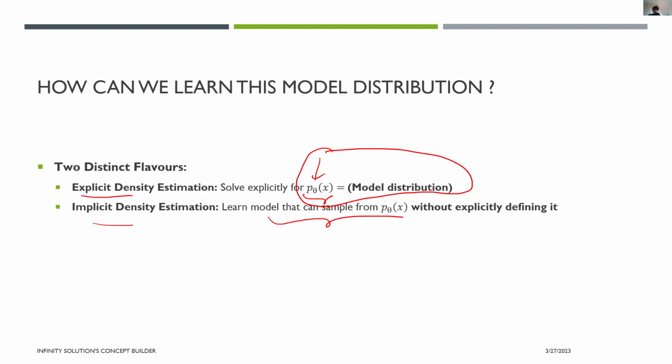Things will be clear later on, but these are two distinct flavors, and of course implicit will be better, because we don't have to explicitly compute or solve for the distribution, which in real life scenarios is not possible, as it is one of the fundamental problems in density estimation in unsupervised learning. We will see in which category GANs fall.